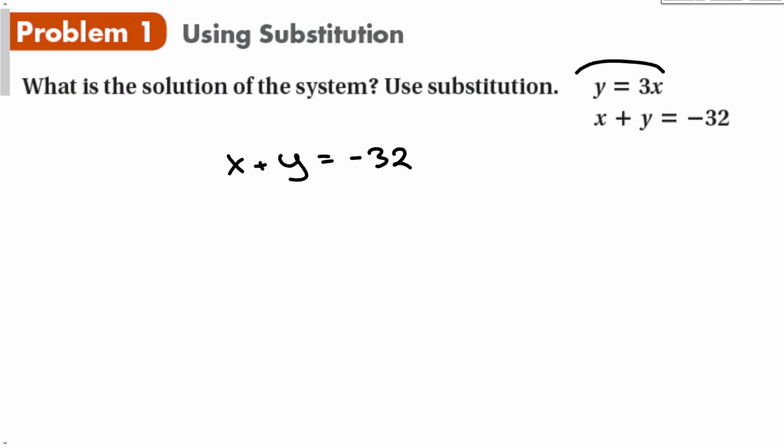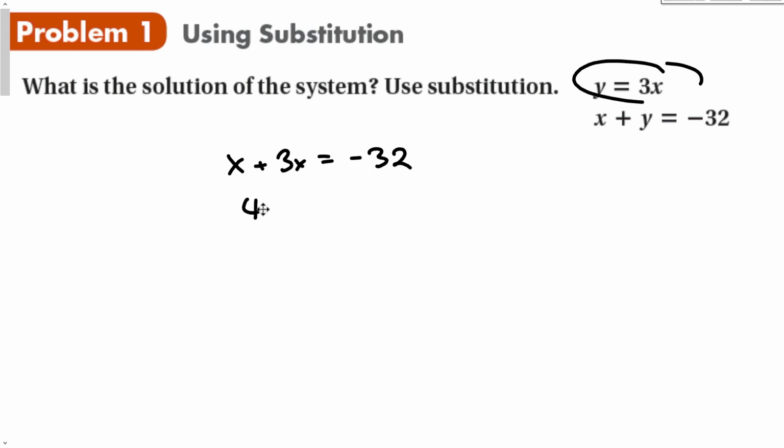But if I use this information right here, that y is equal to 3x, I could get rid of the y and put something that is equal to it, which is 3x. Now look what I've done right here: I've made an equation that only has one variable. And when you can make an equation with only one variable, you can solve it. And we can solve this pretty simply.